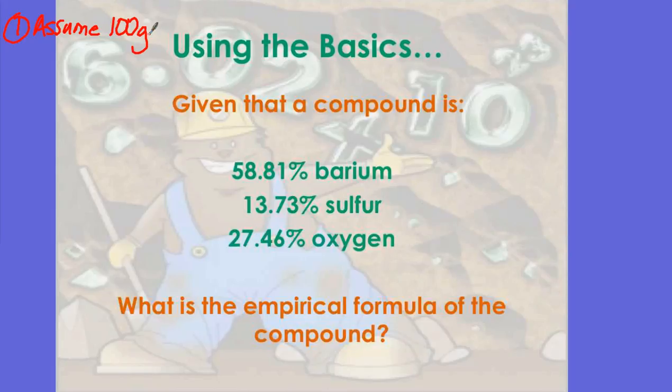Why? If I have 100 grams, what can I do to these percentages? Make them into grams. My percentages just change into grams. Easy enough so far?